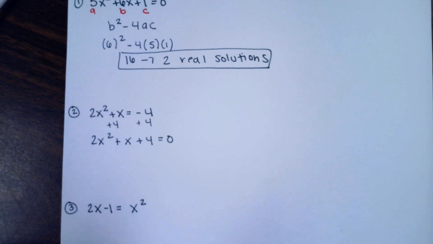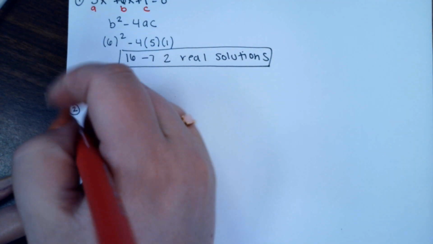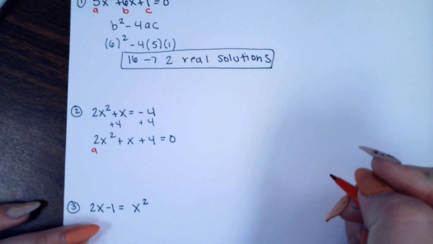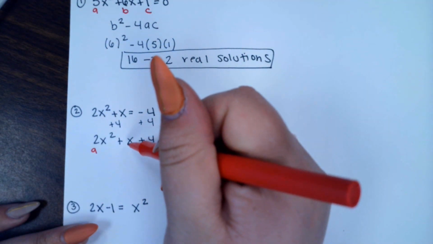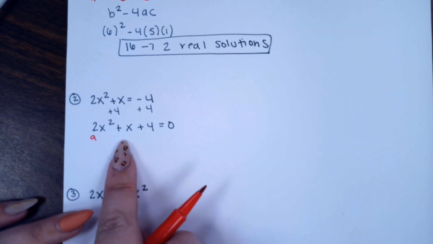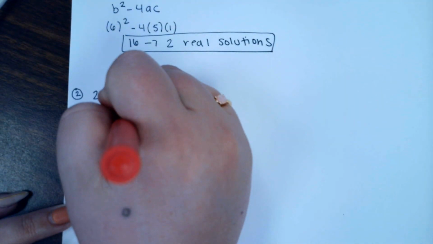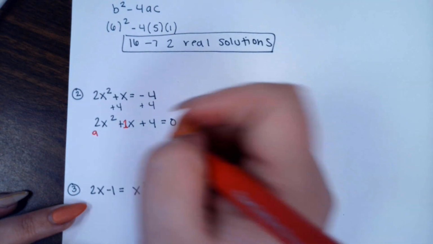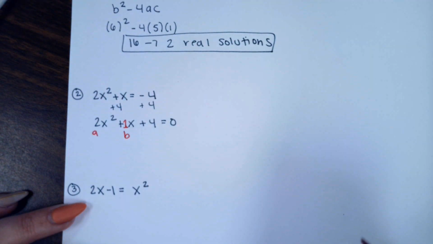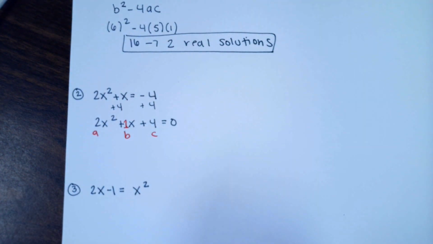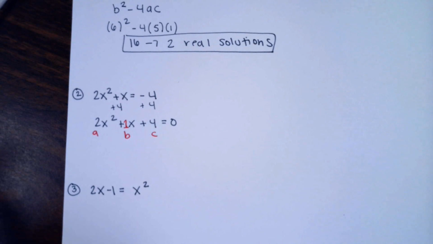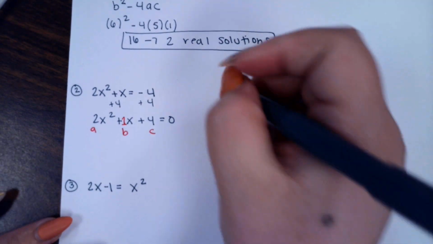Now that we've got everything on one side, we can find our a value, which is 2. Our b value, it looks like we just have x, but we can't forget there's really a 1 in front of there that we don't write. So b is 1, and then c is 4. Well, let's plug it into our discriminant.